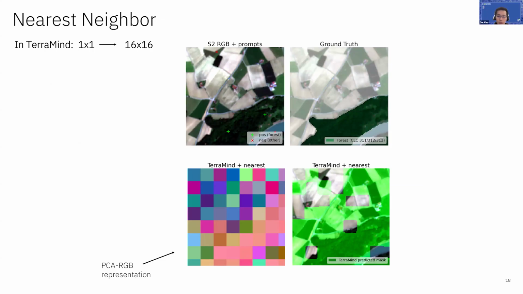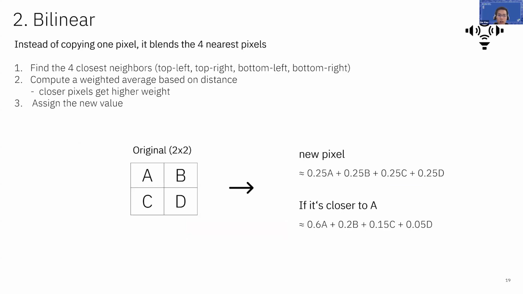Now, the next method that I looked at is bilinear. Instead of copying each pixel 1 by 1, we would take a closer look at the neighboring pixels, for example, top left, top right, bottom left, bottom right. And we would calculate an average of the surrounding pixels based on the distance.